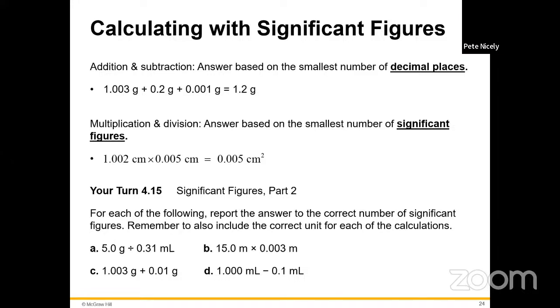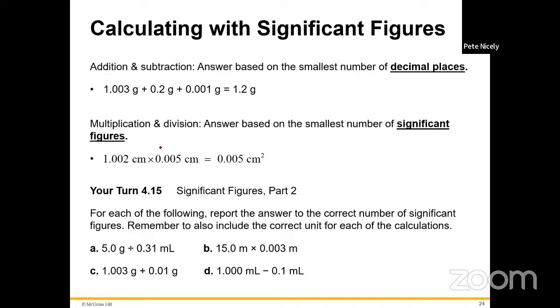According to the rules for addition and subtraction, when you are adding and/or subtracting numbers, you must round off your final answer to the lowest number of decimal places of the numbers involved in that operation. If you look at this example, you're adding 1.003 to 0.2 to 0.001.